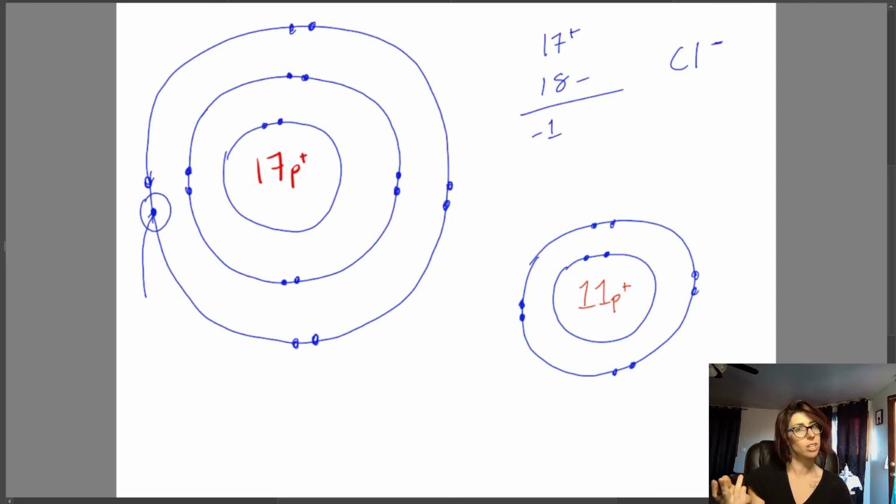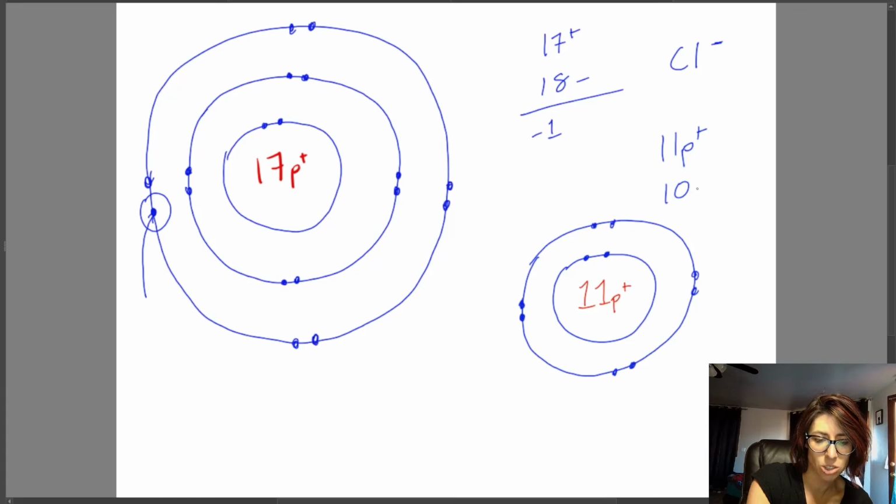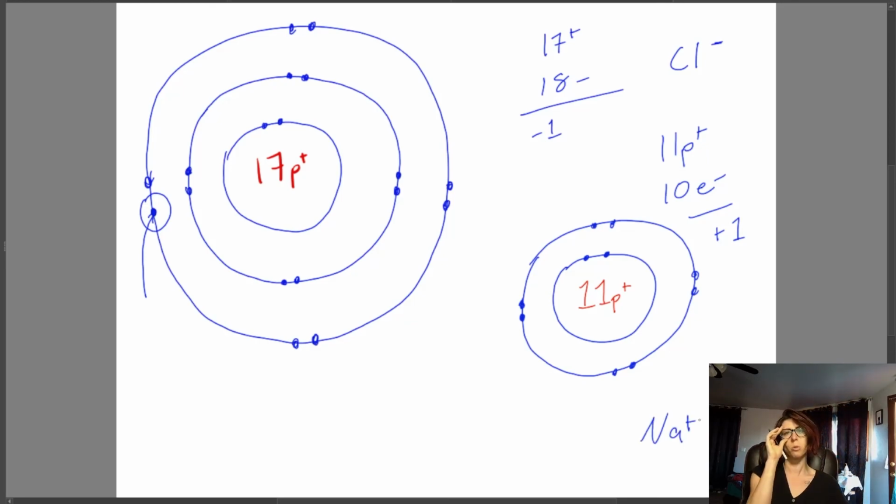So now its outer shell is full, right? But again, we have an imbalance between protons and electrons. We have 11 protons and only 10 electrons. So 11 plus and 10 minus, that's a net charge of +1. So this was chlorine, and sodium tends to have a positive +1 charge most of the time because it tends to lose that outer electron, so that it's left with a full shell underneath.